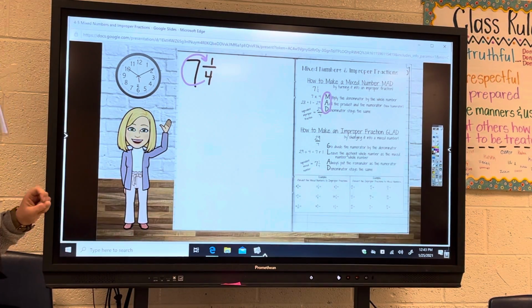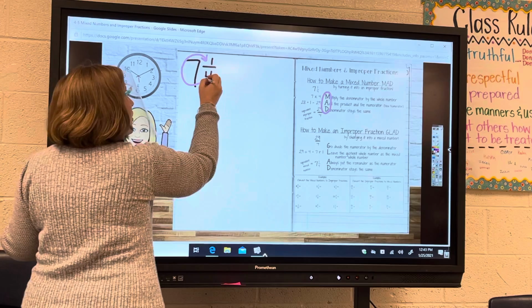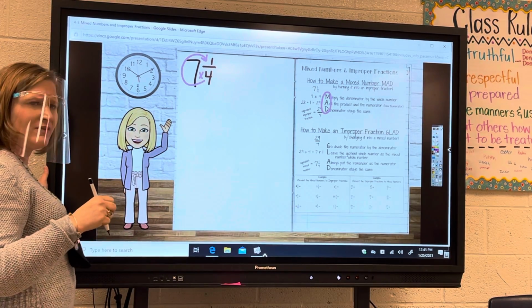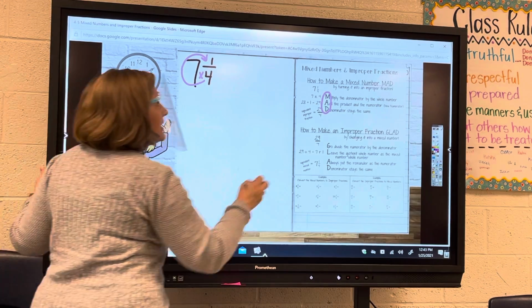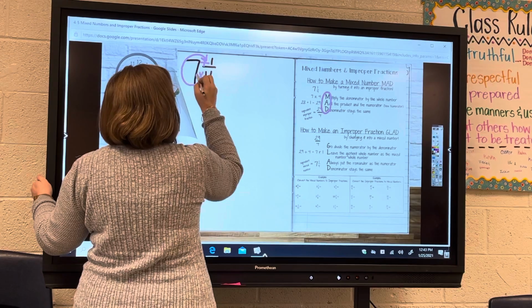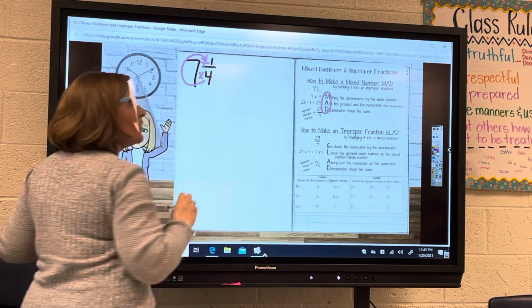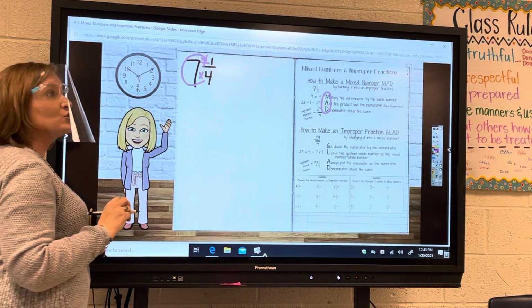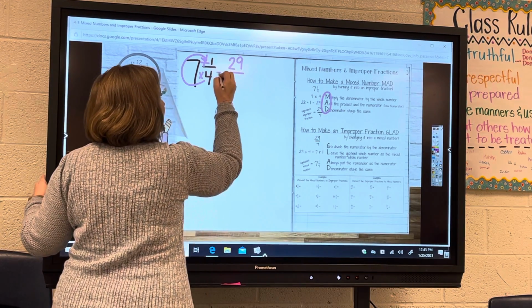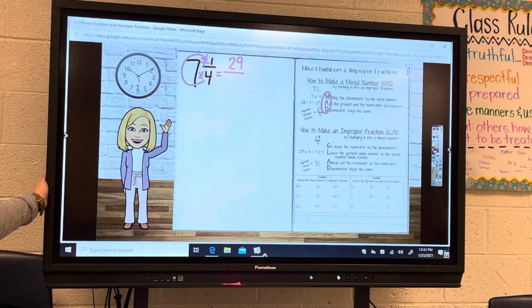The first step is to multiply 4 times 7. What is 4 times 7? 28. Then we're going to add. 4 times 7 is 28 plus 1 is 29. That number is our numerator, our top number, okay?